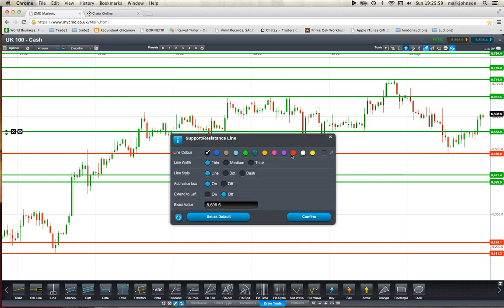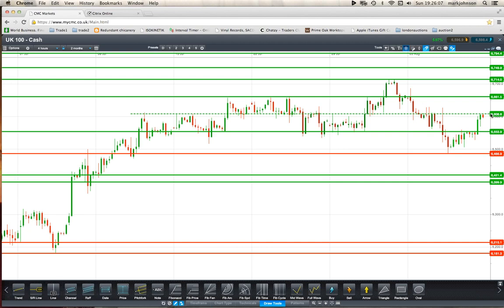Now I've gone to 4 hour, I do exactly the same, green, but this time I do a dash and a medium size line. So now I've got a dash there. So when that shows up later on, I can determine between the long-term ones and these, which I know are a short 4 hour time frame.